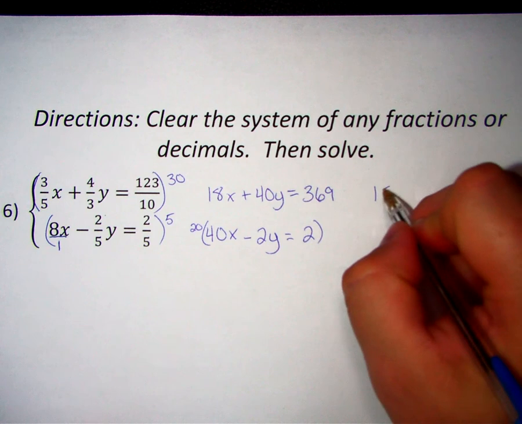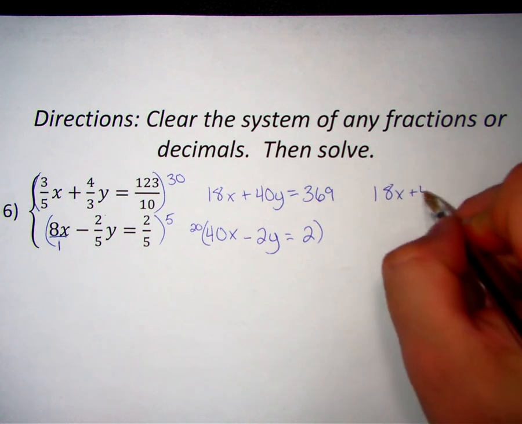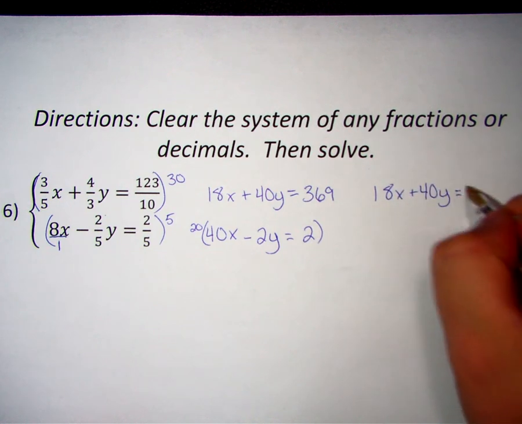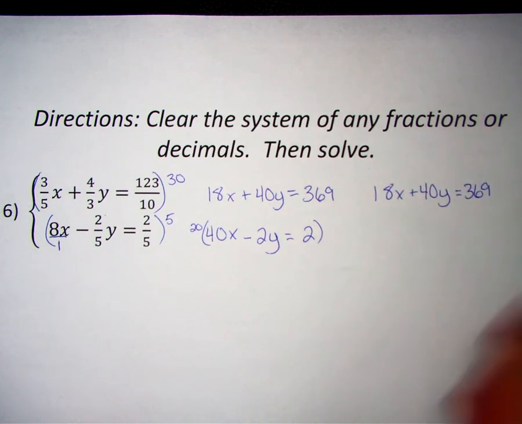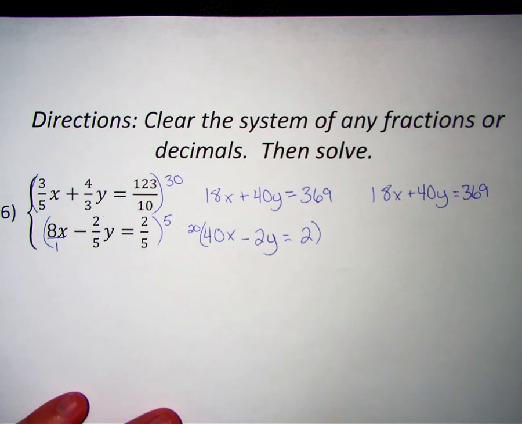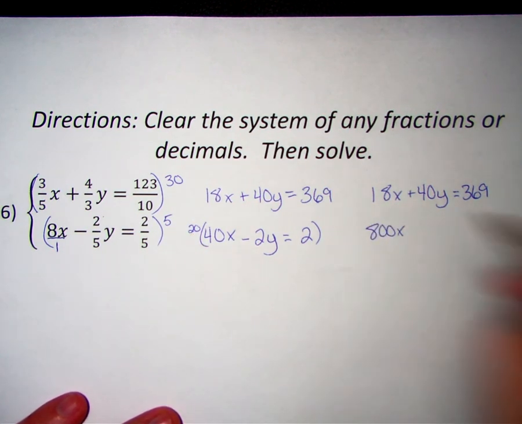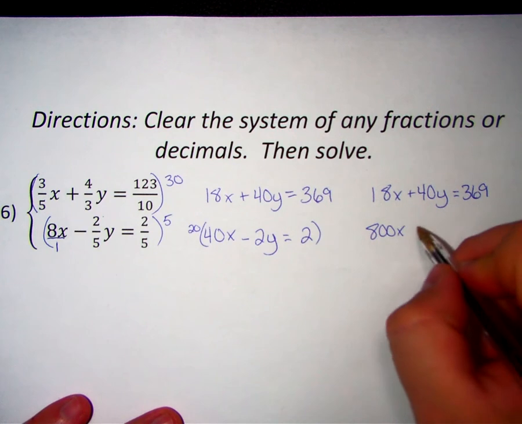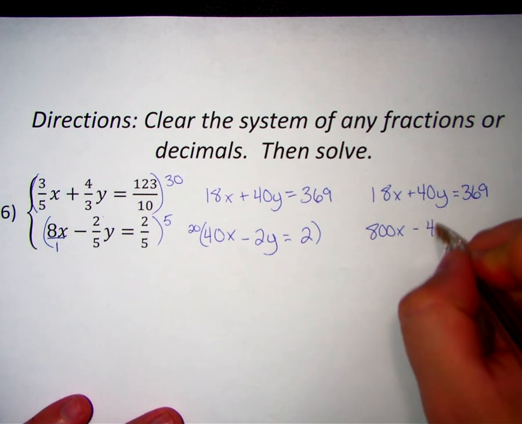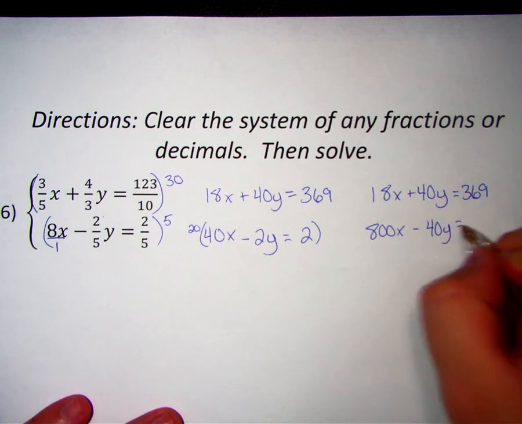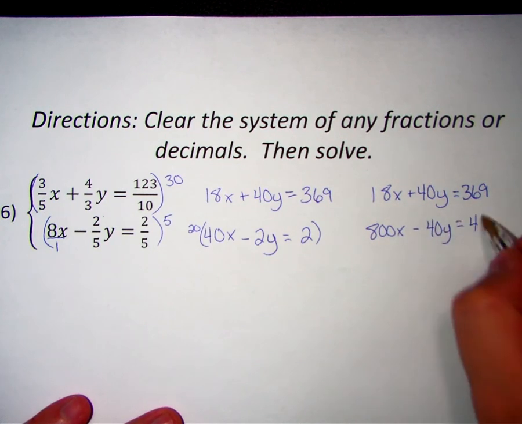So let's do this. 18x plus 40y equals 369. 20 times 40 gives me 800x minus 40y, which equals 40.